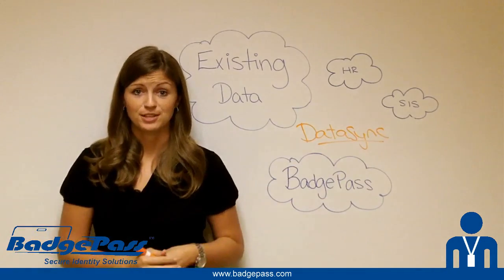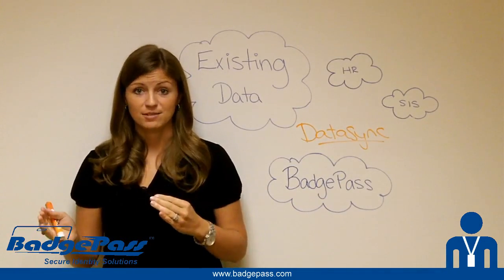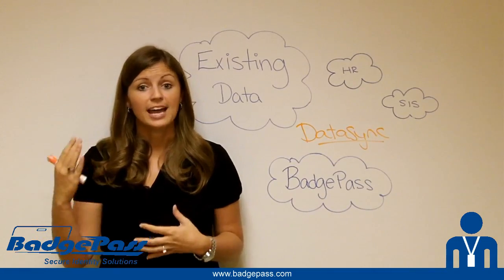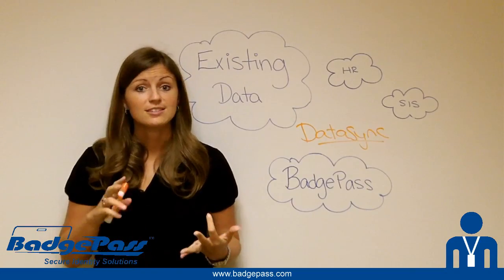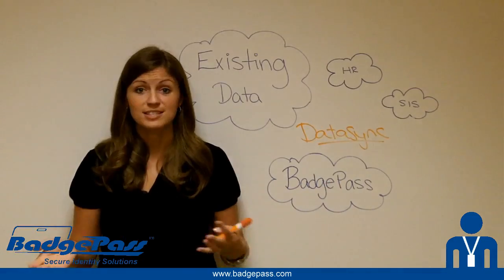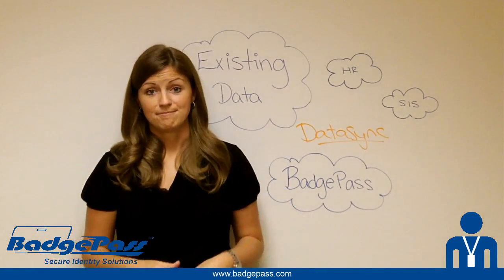So as long as your customer can send us a flat file, like a comma delimited file, of all of their database information, we can monitor that folder that's getting updated and bring in any new changes, like new employees or employees that left the company, into BadgePass. And we can do that as often as they want. Every 5 minutes, every 24 hours, it's totally up to them.